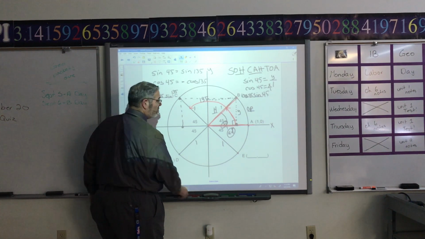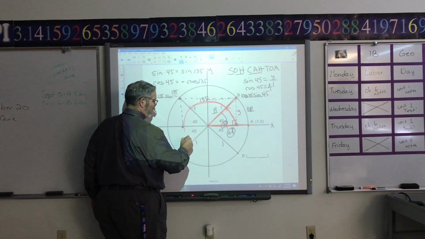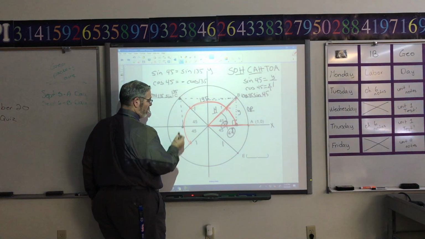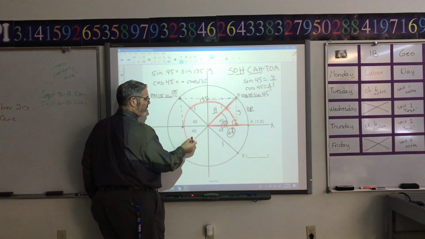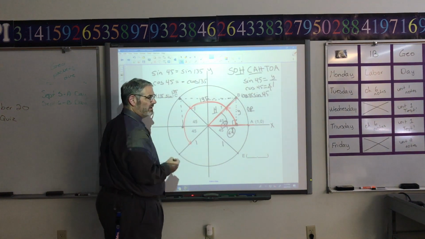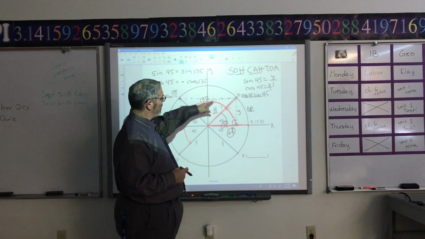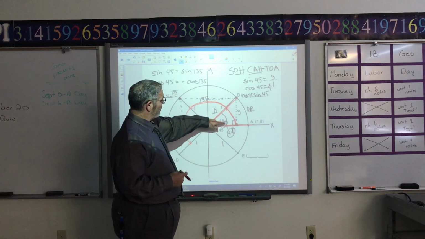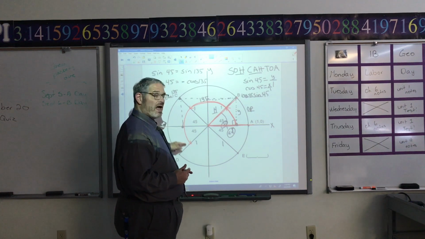If I were to continue going in the circle all the way down to here, where this side is 45 degrees away from 180, well, if I go from 0 all the way around to here, that would be 180 degrees plus 45.